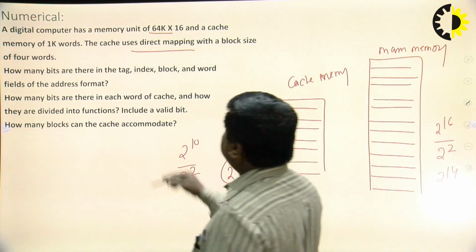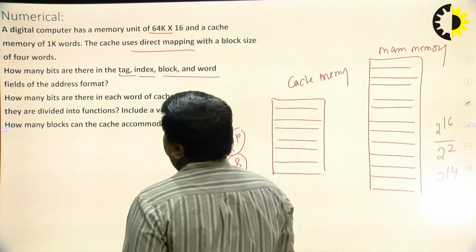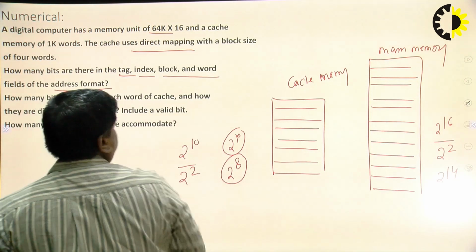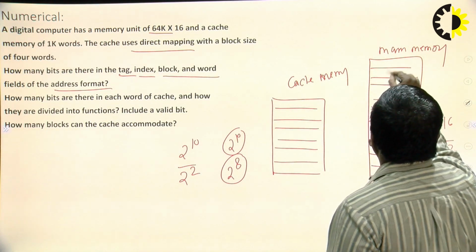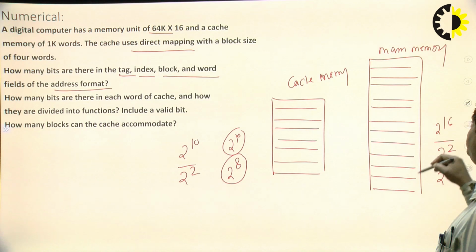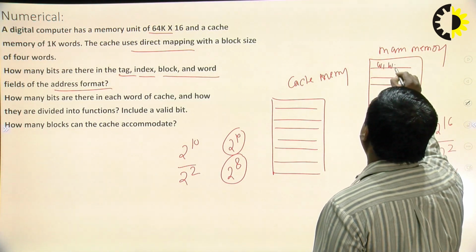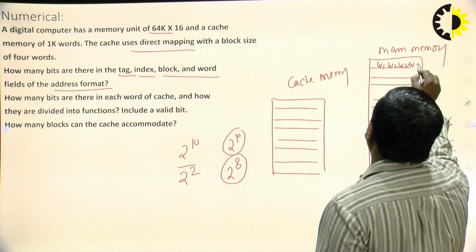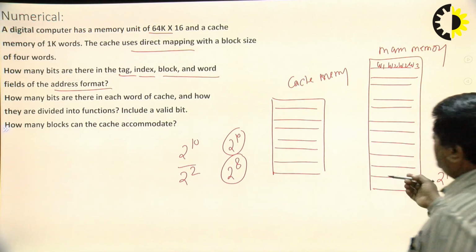How many bits are required for tag, index and word in the field of the address format? In each block of the main memory, how many words? 4 words, that is W1, W2, W3 and W4, and so on.